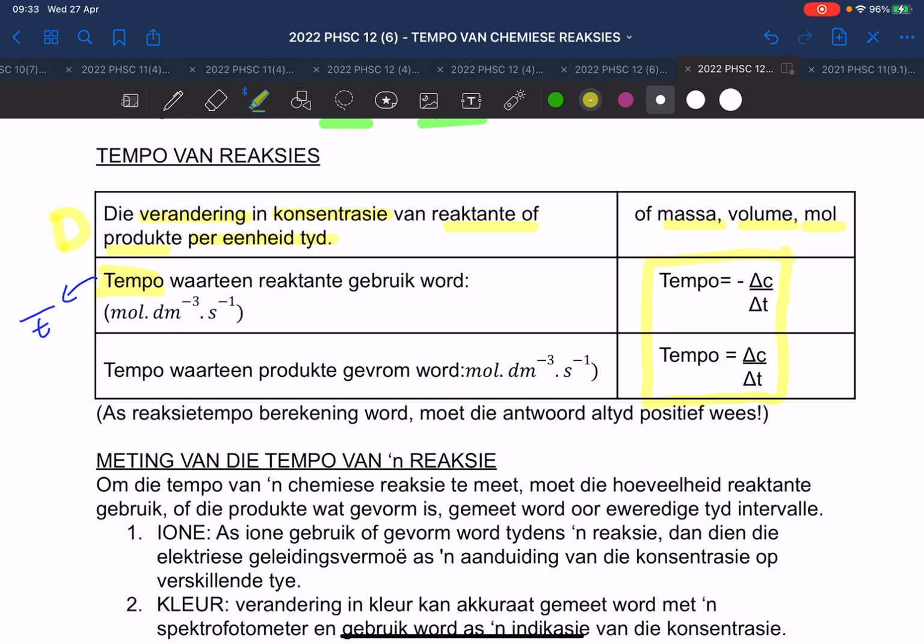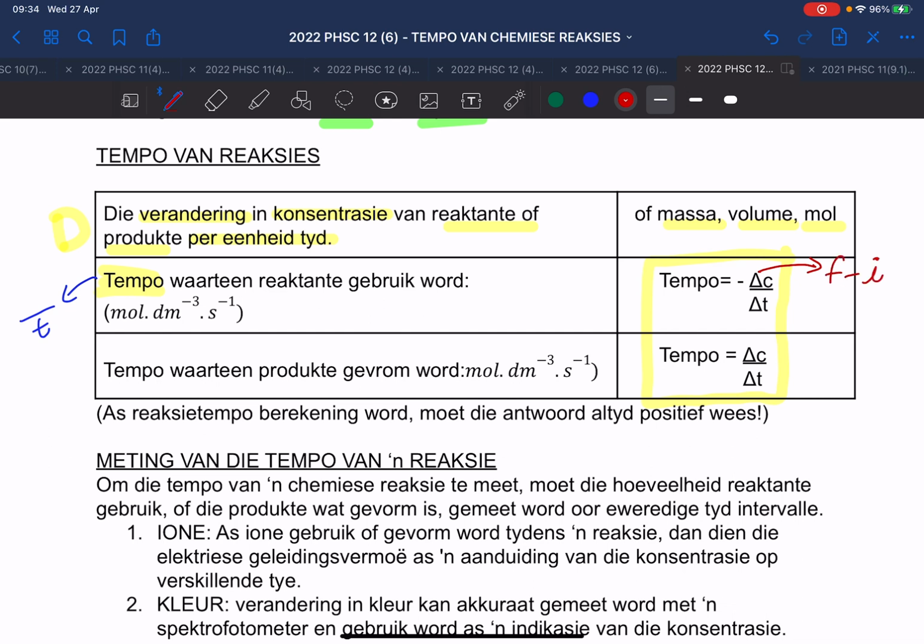When I make muffins, okay, when I use the flour, as ek meel gebruik, daar begin ek met baie meel en ek eindig met min meel. I start with a lot of flour and I end with little. And how do you calculate the change in, die verandering in? Change in, how do you calculate that? Final minus initial, né?